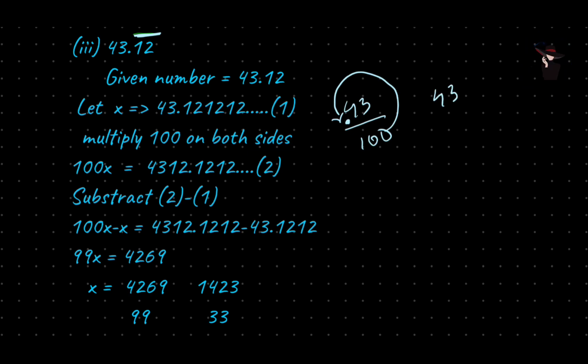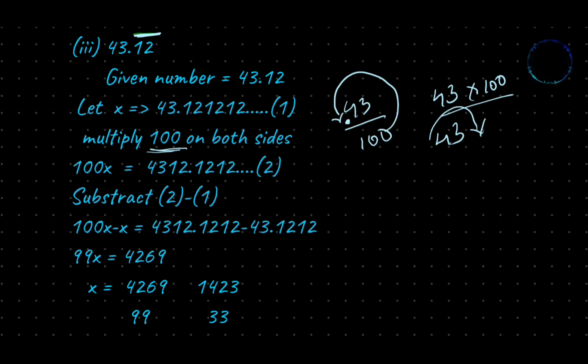If we multiply 43 into 100, then we are moving forward two numbers. So now we are multiplying 100 on both sides, so we need to move forward two numbers.